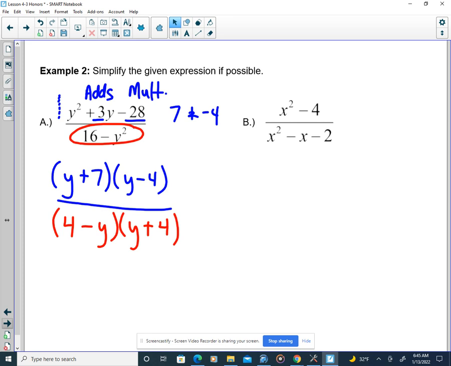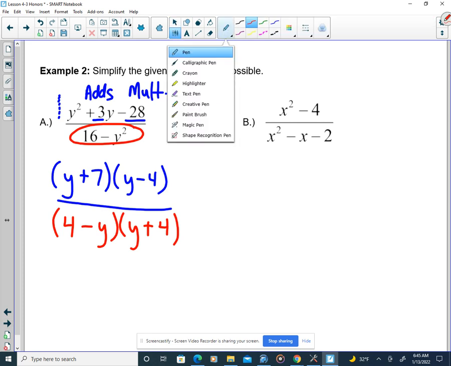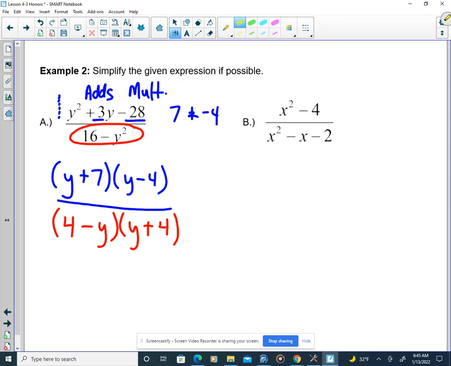Now if we look at this, there are no factors I can cancel out currently. But here I have y minus 4, and down here I have 4 minus y. These two factors are opposites. So with one of these factors, it doesn't matter which one, let's factor out a negative 1.